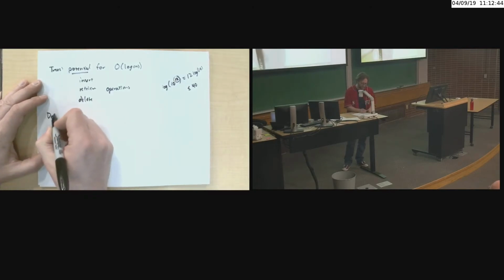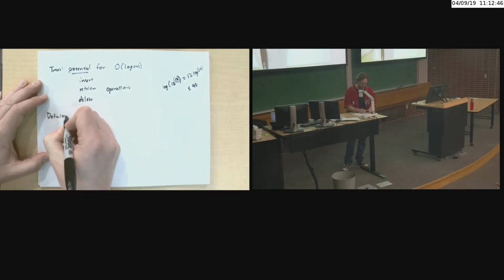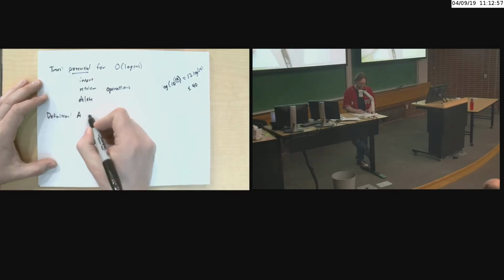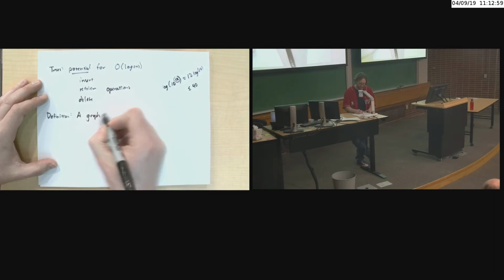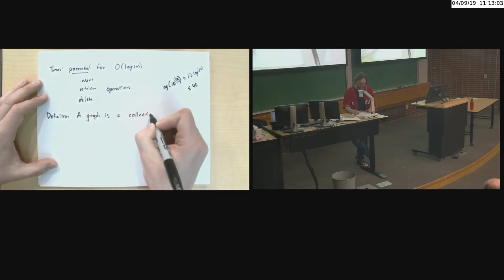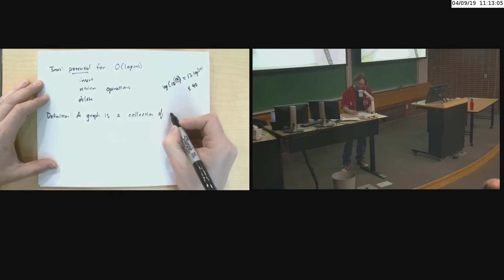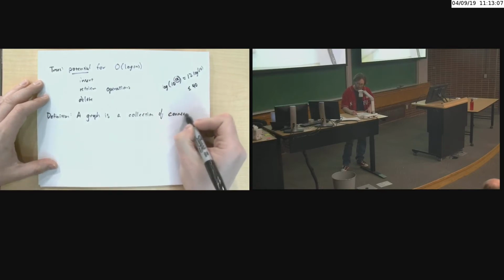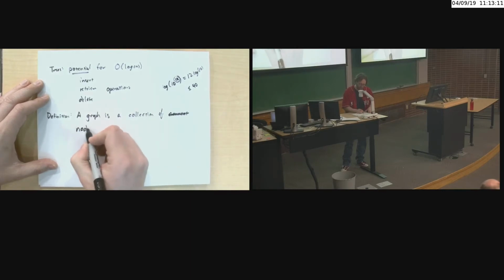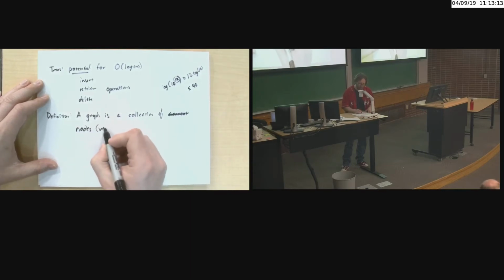So, definition. And to start, I'm going to define a general graph, right? And there's a technical math definition, but I'm going to give you the high-level abstract dictionary definition. So, a graph is a collection of nodes. Sometimes these are called vertices.